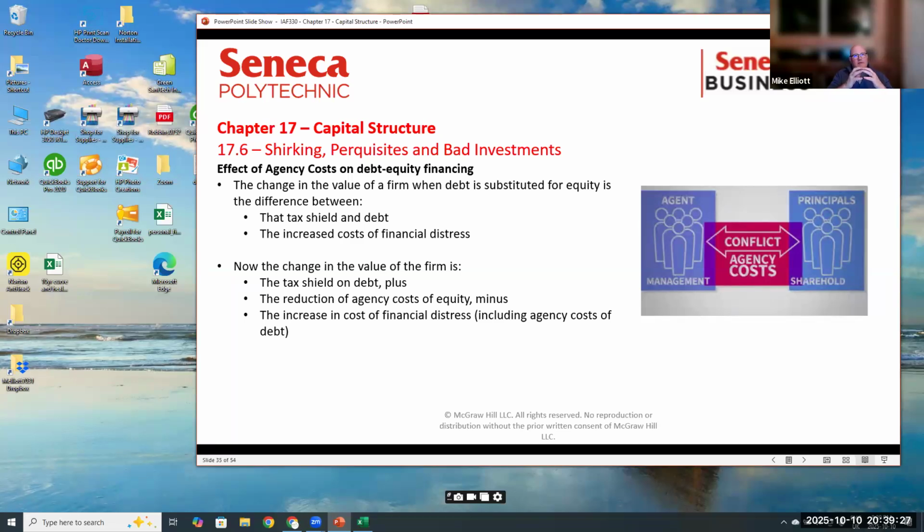Now we have a choice to change the value of the firm. Are we going to do that by increasing the tax shield on debt? Or are we going to try to reduce our agency costs? Well, now we have a formula, actually. The change in the value of the firm is the tax shield on the debt, plus the reduction of any agency costs in equity, minus the increased cost of financial distress.